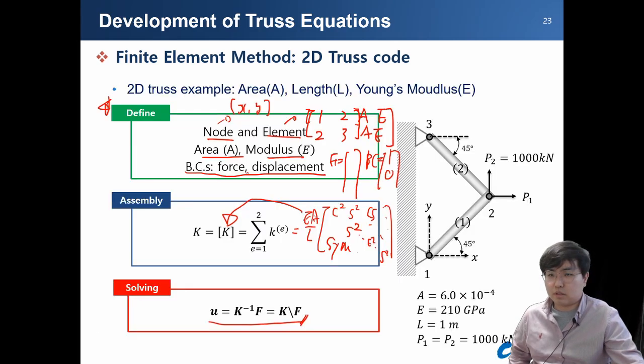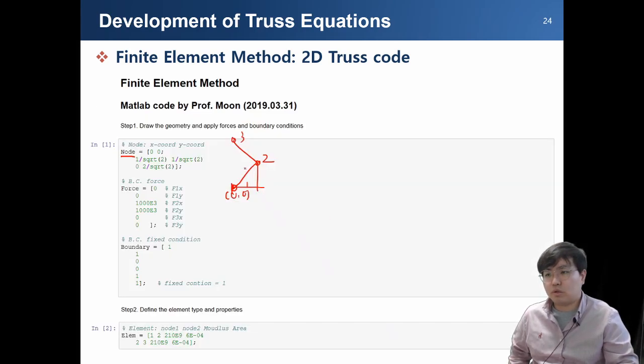I forgot the exact value, but the element length is equal to 1, so the coordinate of each is 1 over square root 2. I put this value in here, and the third coordinate is 0, and the second node's y coordinate is twice that. The force is only applied at the second nodal point.